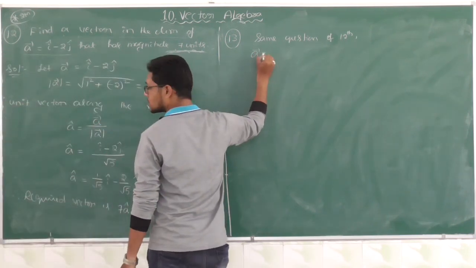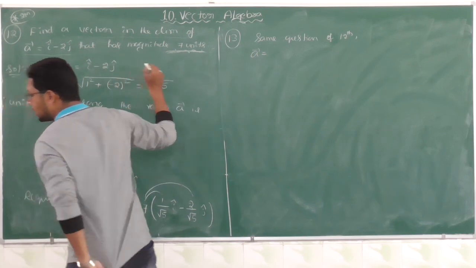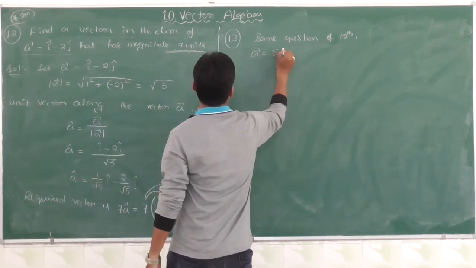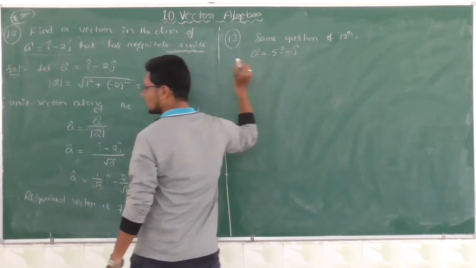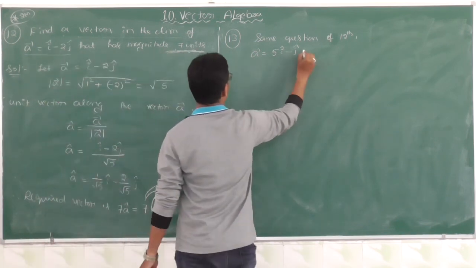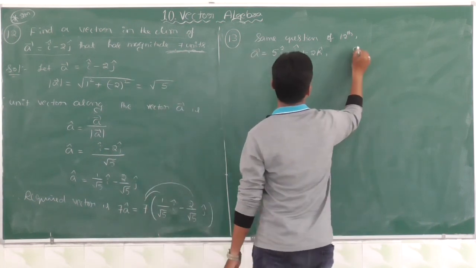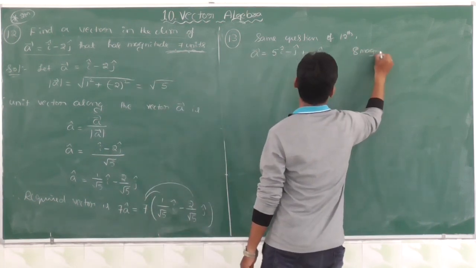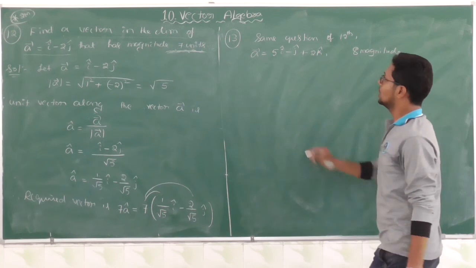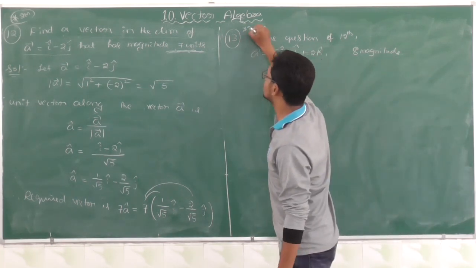A vector equals 5i minus j plus 2k, with magnitude 8. It is also important for 2 marks question.